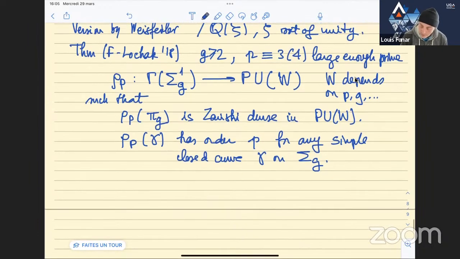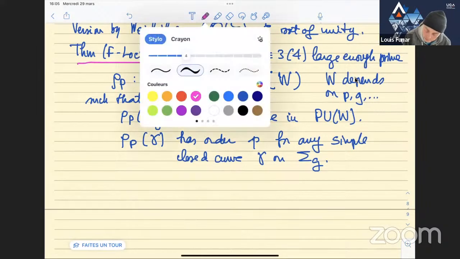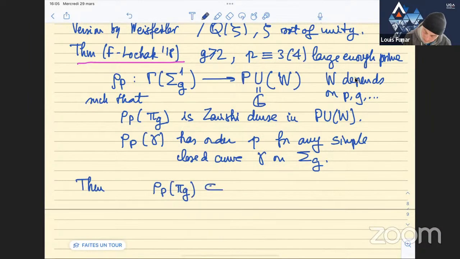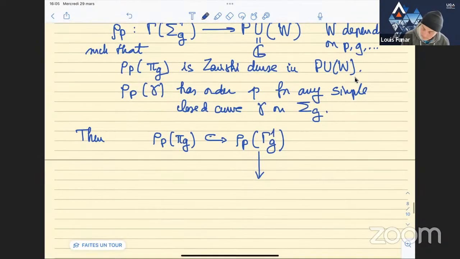So what we are doing next, as explained above, is to take some reduction mod Q for a large enough prime Q. So I am taking, let's call this group big G. Then rho P of phi G is included in rho P of the mapping class group, and I'm making reduction. So everything is here in this group.